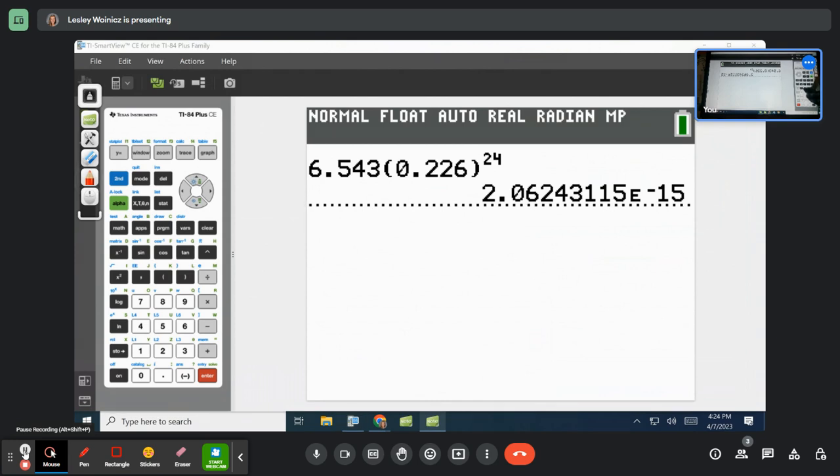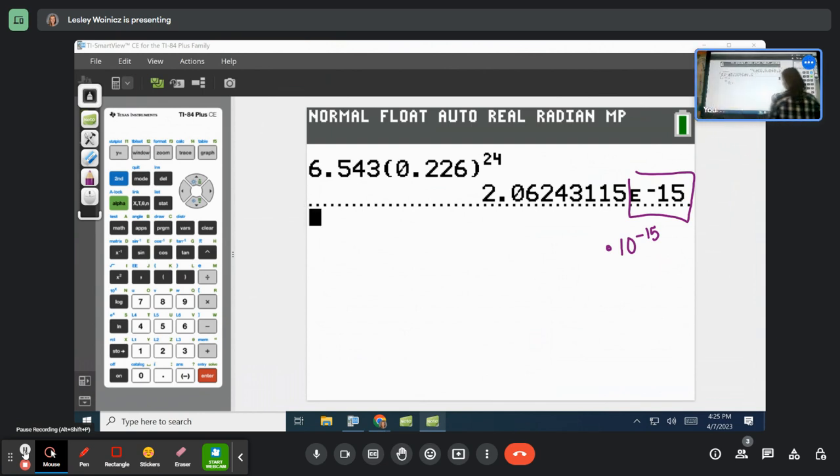Now, this is scientific notation, which you probably haven't done in a minute. This e to the negative 15 means times 10 to the negative 15 power. That's what that means. Please write that down.